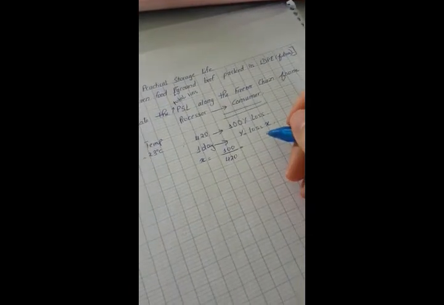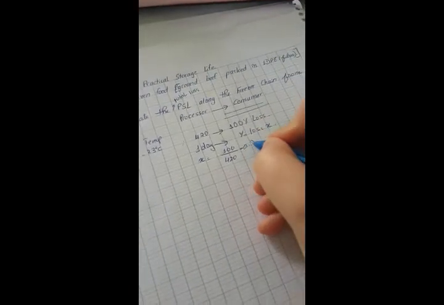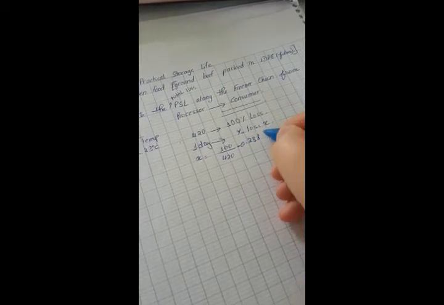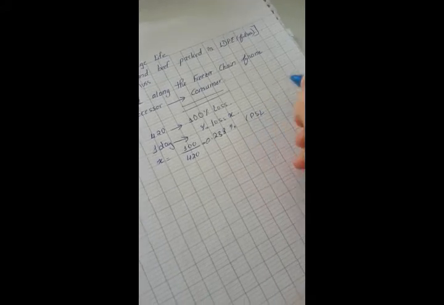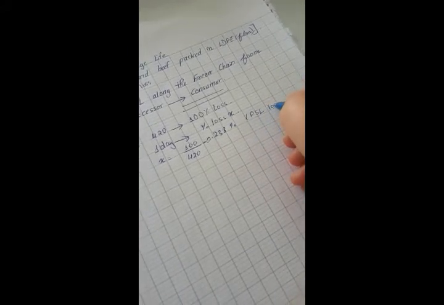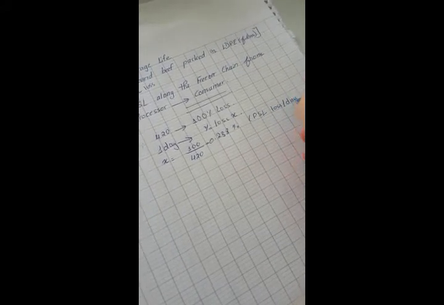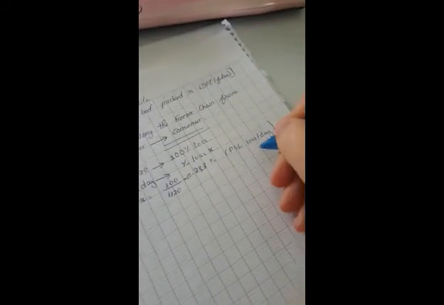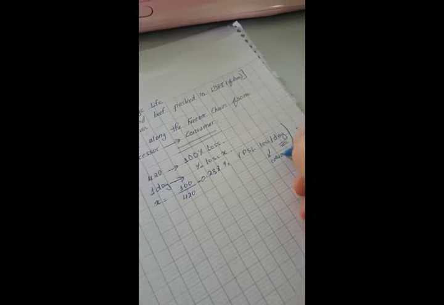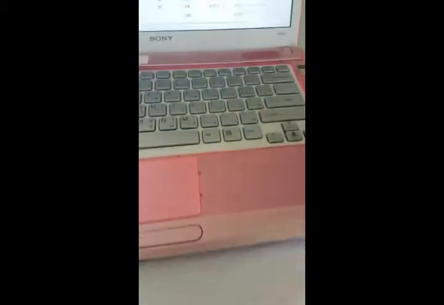Using the calculator, I will get a value of 0.238%. This is the practical storage life loss per day.